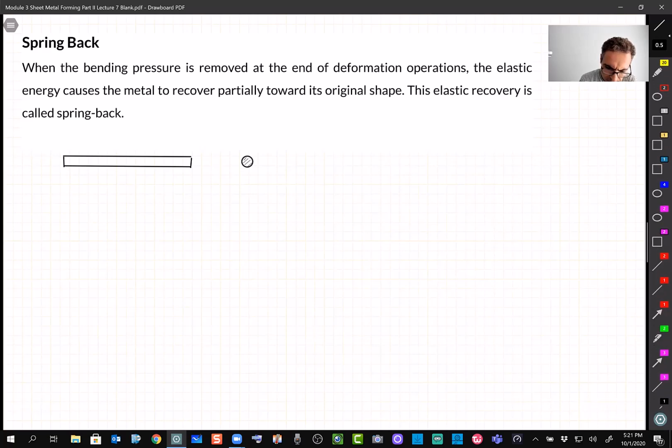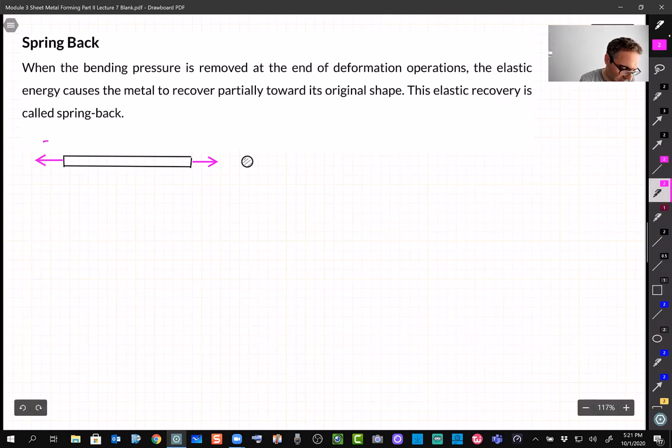In this case, we apply a tension, maybe F, to this rod. A classic graph that we get, which we call a stress-strain graph, is going to look something like this.